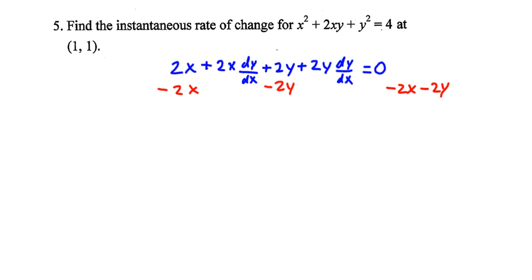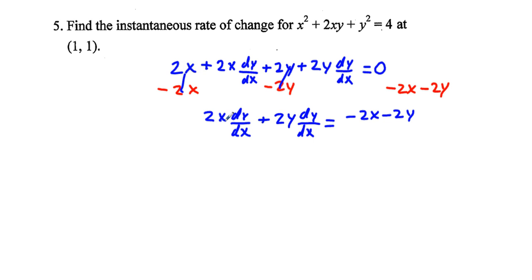And we have left 2x dy/dx. And we've canceled these things here. Plus 2y dy/dx. And that's going to be equal to negative 2x minus 2y.